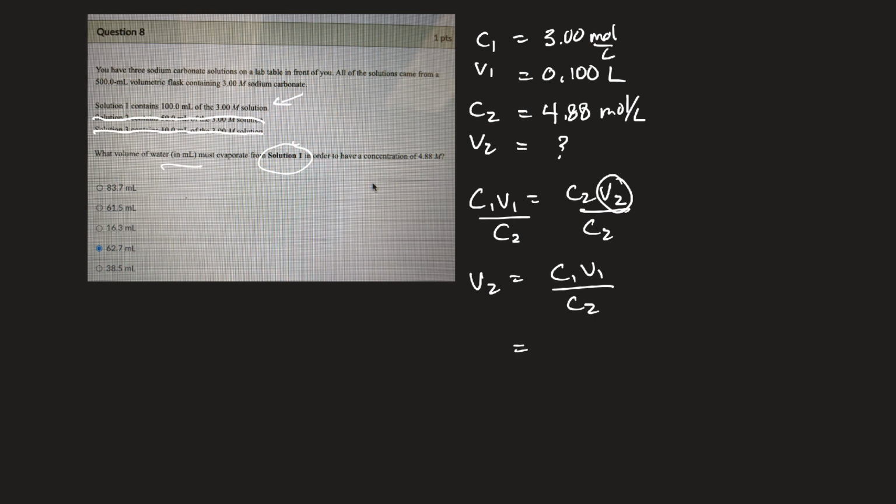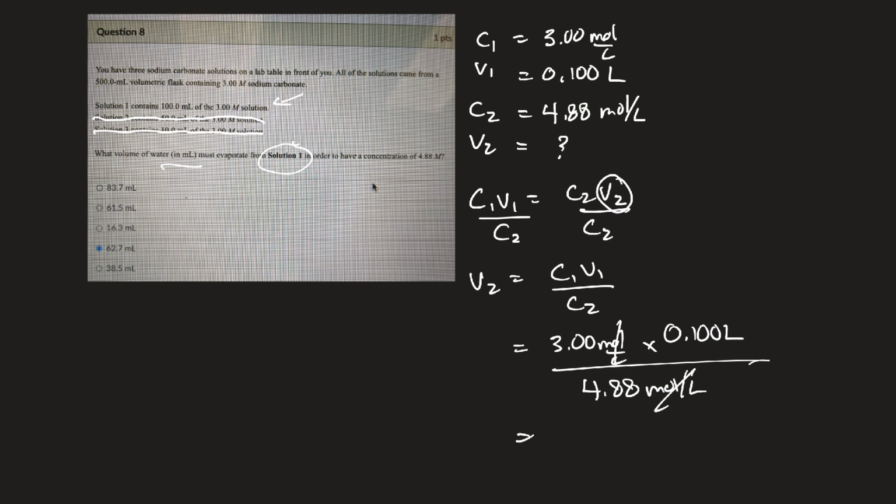So the concentration 1, 3.00 moles per liter, times volume 1, 0.100 liters, divided by the second concentration, 4.88 moles per liter. Moles per liter cancel, you're left with liters. We're looking for a volume, so all's good.